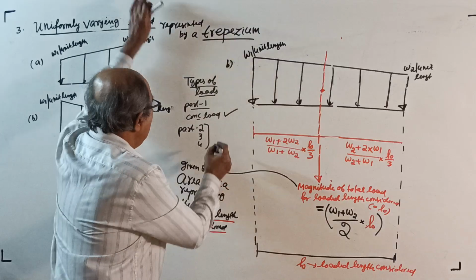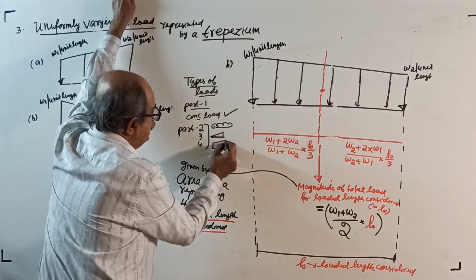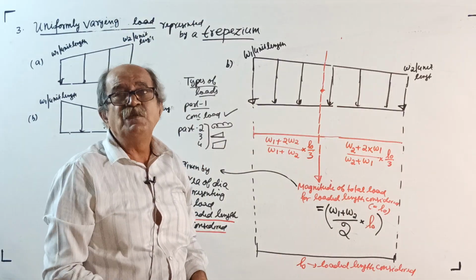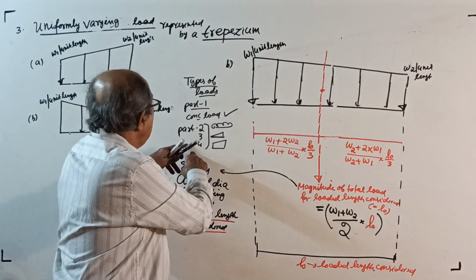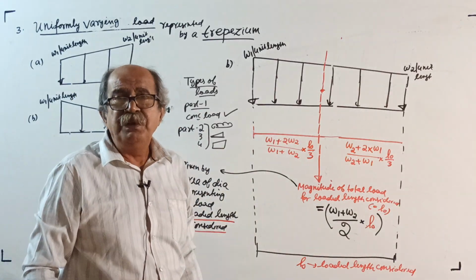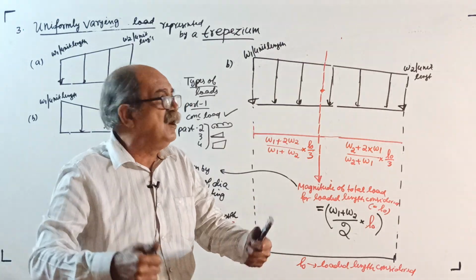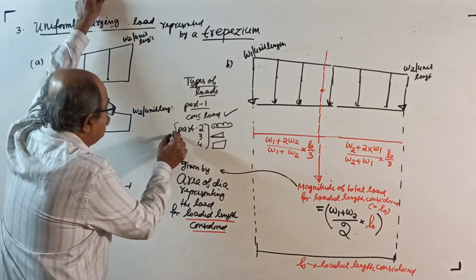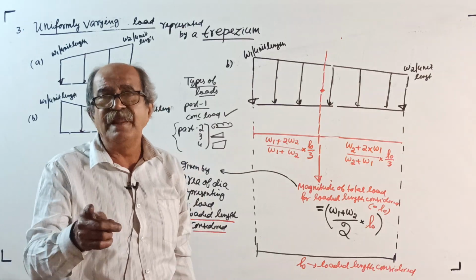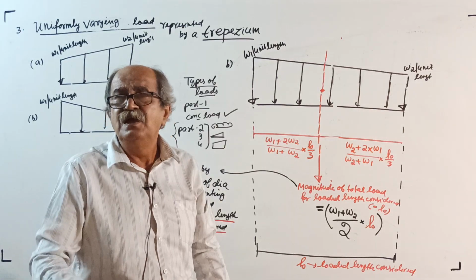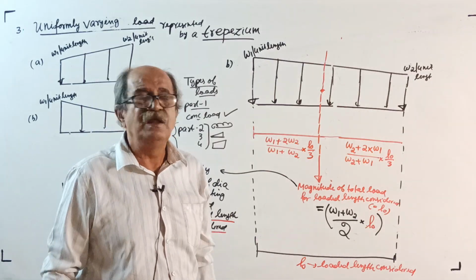Part 2 is for UDL, this is for triangle load, this is for trapezium. Here I will consider moment. Everything I told till today, after part 1, is preparation for distributed load, getting more and more grip, so that when you go to part 2, part 3, part 4, there is absolutely no difficulty. And I will tell you at that time, if not clear, do not attend, do not go through my class. Not fit for education.